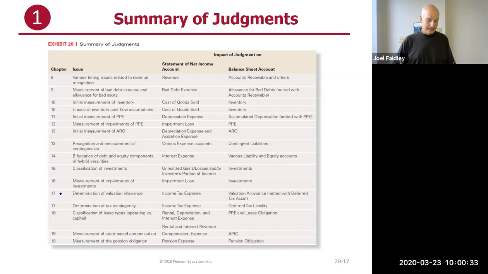What about lease types? We just looked at in Chapter 18. Operating versus capital. They've changed a lot of that though, right? Now it's about everything. If it's more than a year, it's going to be a capital lease, asset, liability on your books. And Chapter 19, we looked at what? The measurement of stock-based compensation. There, is that driving the right behavior?